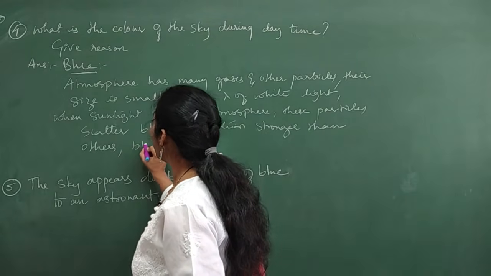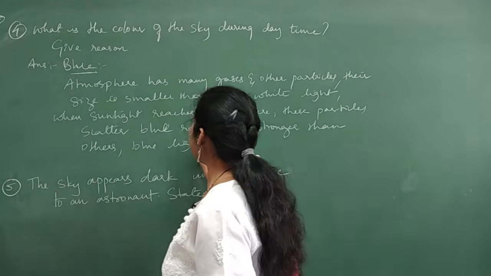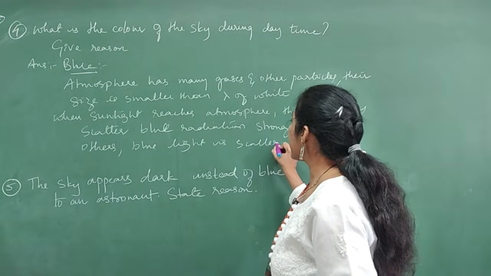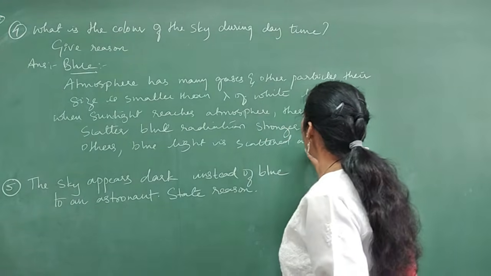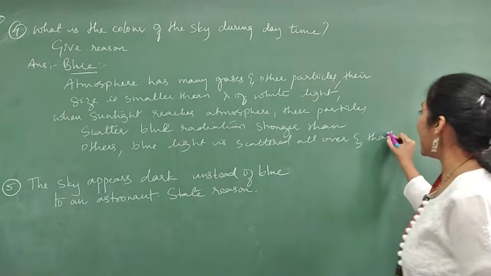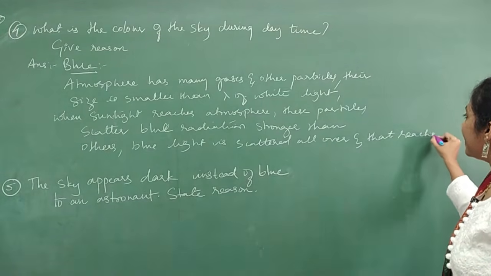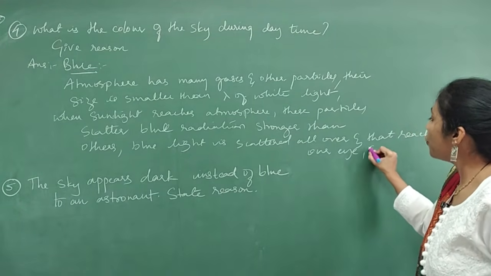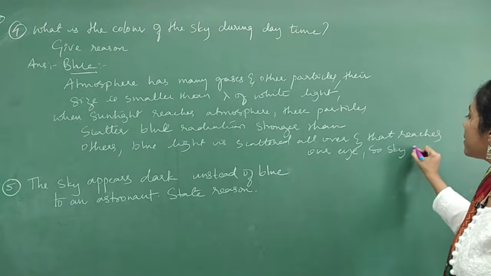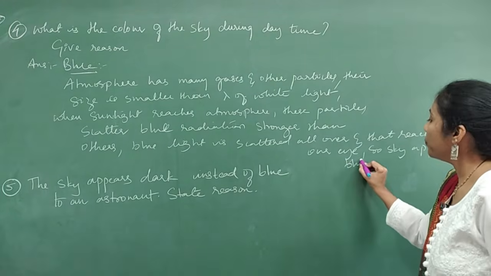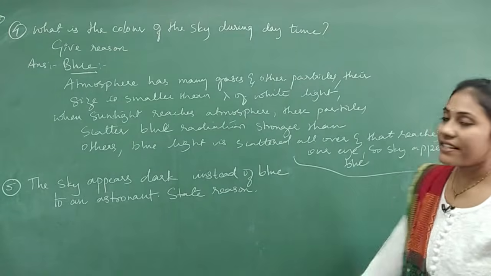So blue light is scattered all over, and that reaches our eye. So the sky appears blue in color. Okay, so this is the answer for that.